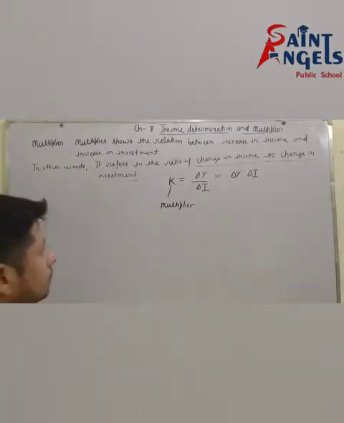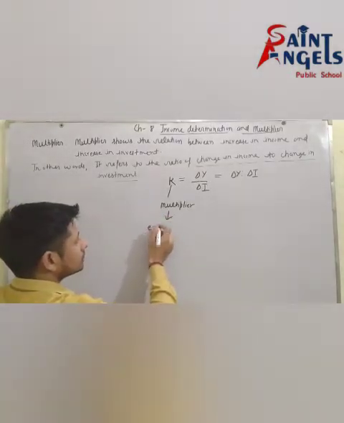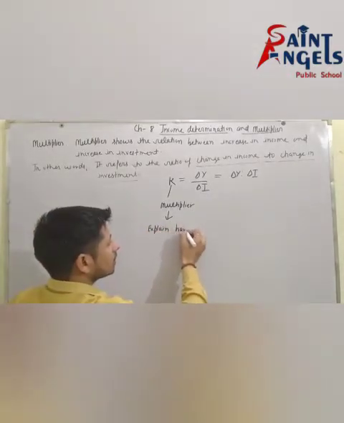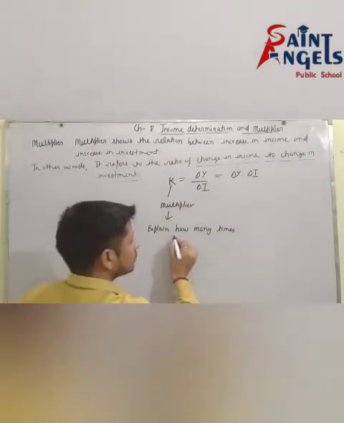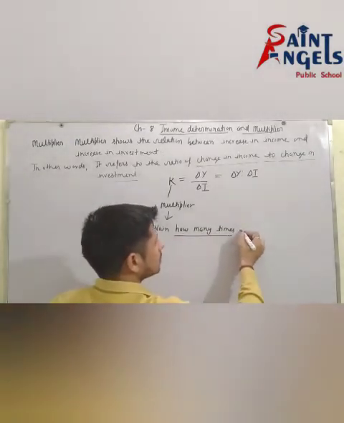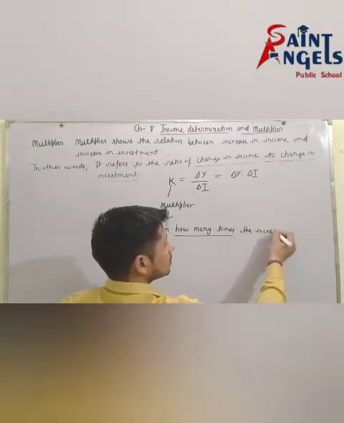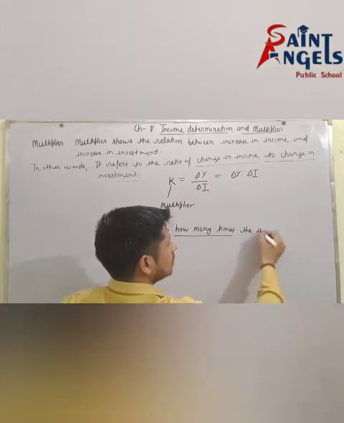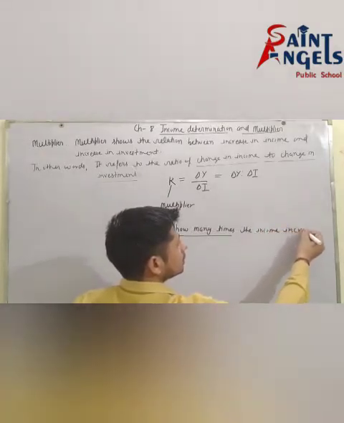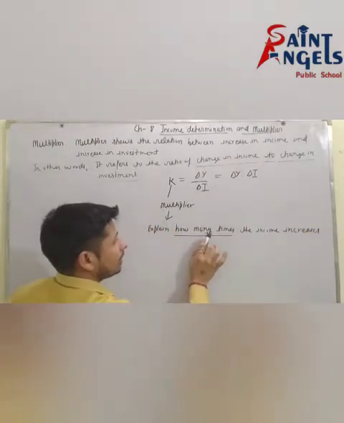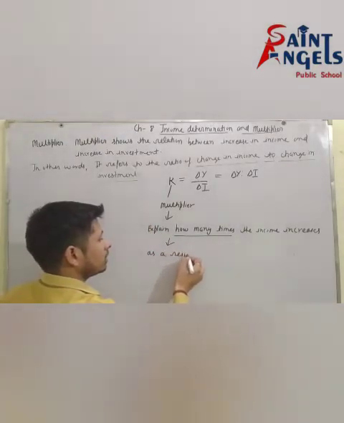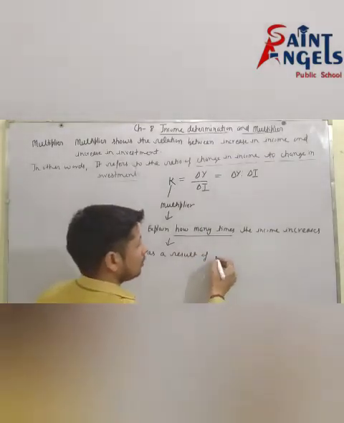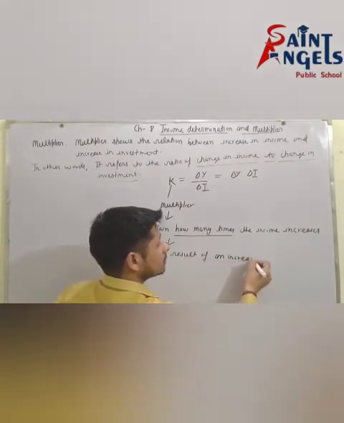Multiplier explains how many times the income increases as a result of an increase in investment. This line is most important.